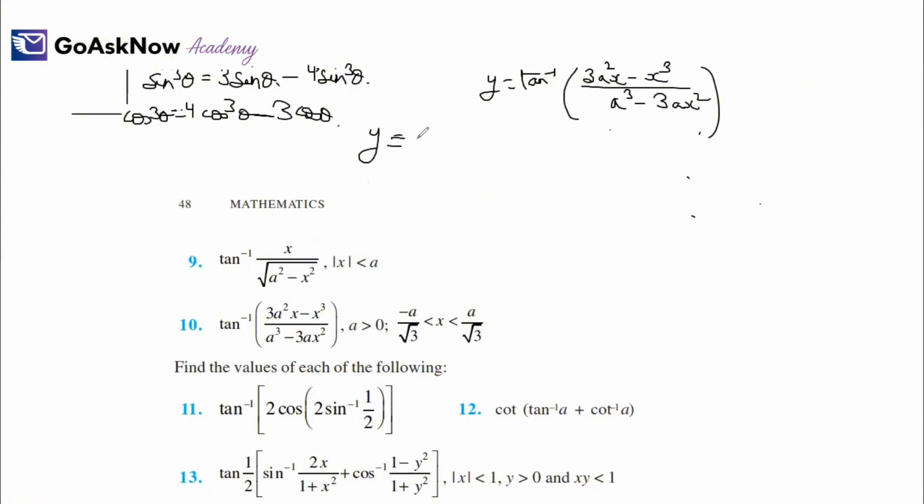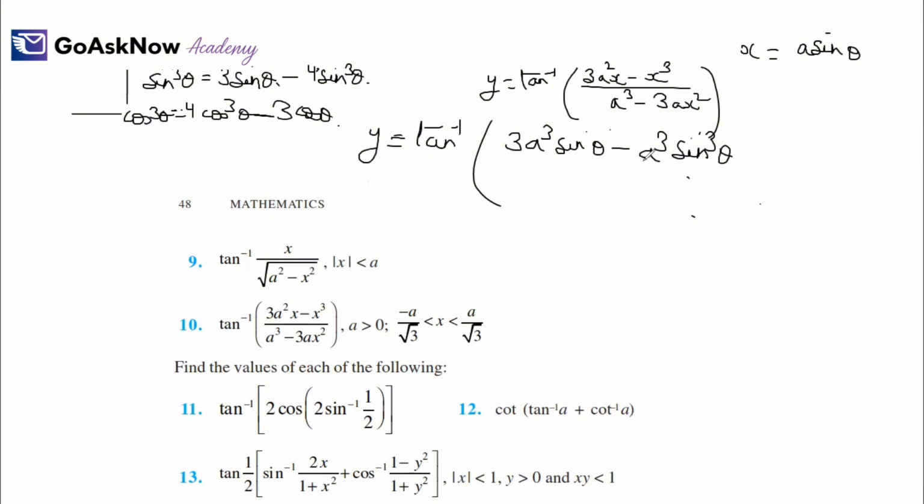Y is equal to tan inverse, and substitute here x is equal to a sine theta, which I have already substituted before. So it will become 3 a cube sine theta minus a cube sine cube theta.